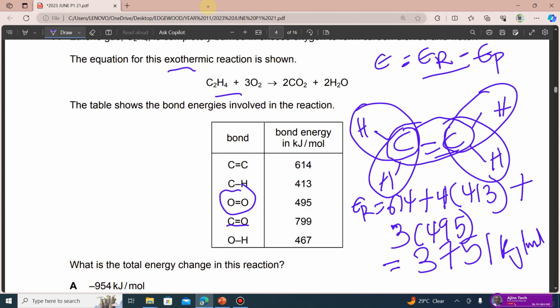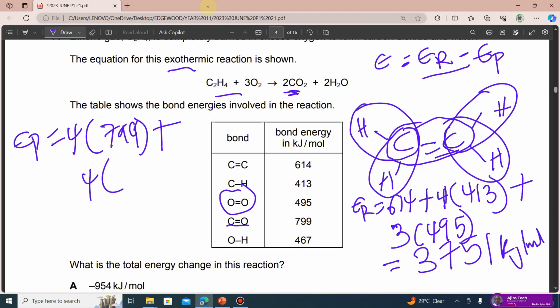We have 4 C double bond O's here, so that becomes 4 into brackets 799. Plus, for water, how many OHs are there? 2 times 2, so we have 4 OHs. So that's 4 into 467.